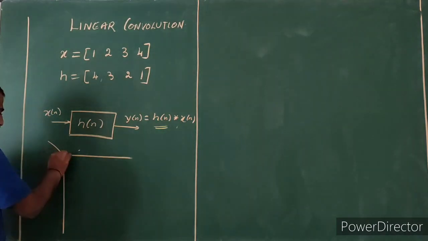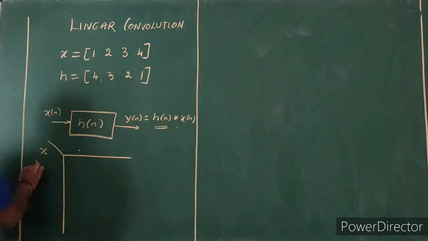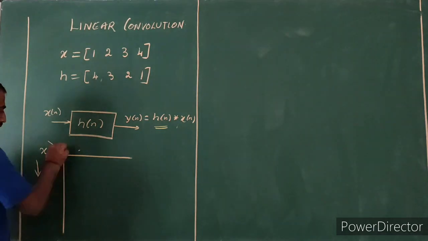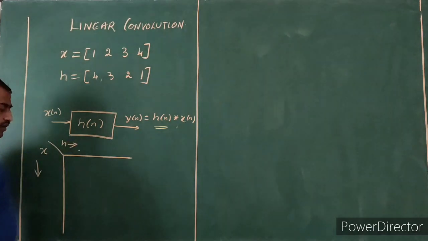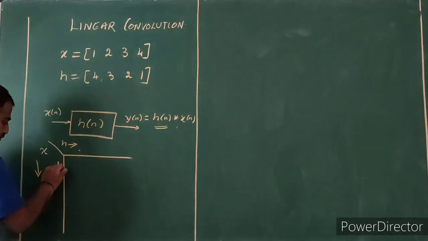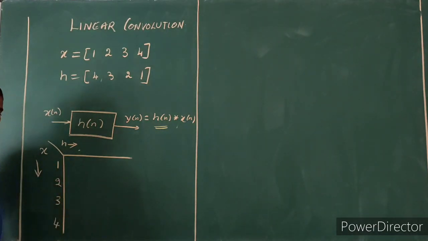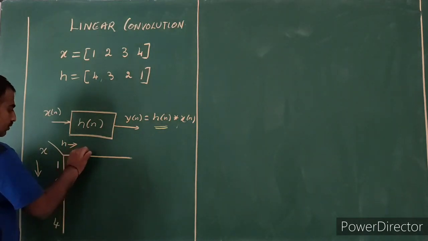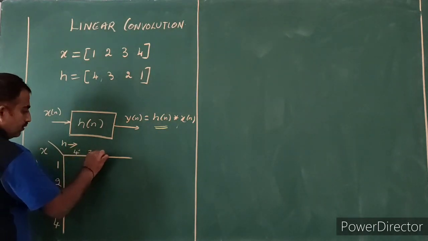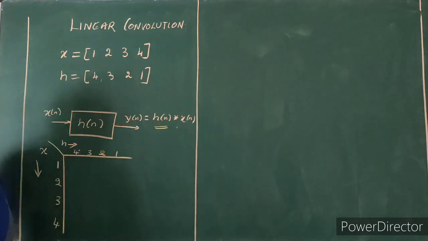Here we are considering x in the vertically downward direction, and let us take h in the horizontal direction. X is 1, 2, 3, 4. H is 4, 3, 2, 1.